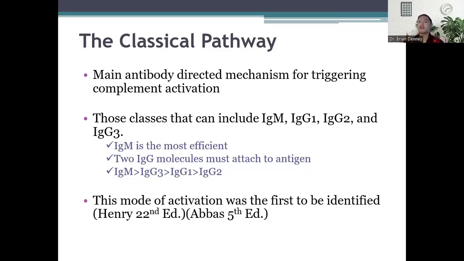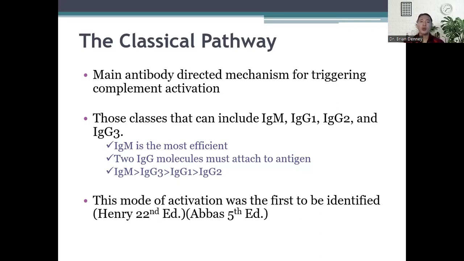So there must be first and foremost interaction of your antigen and your antibody, and this interaction produces what we call antigen and antibody complexes. Thus, a prerequisite for the activation of your classical pathway is formation of antigen and antibody immune complexes.